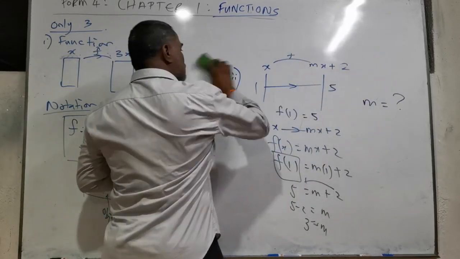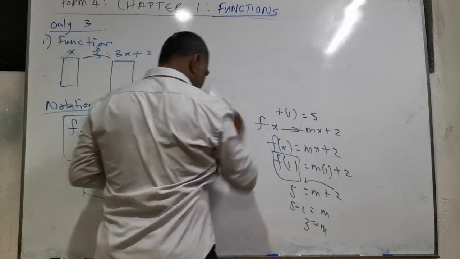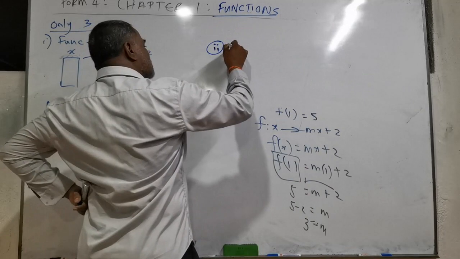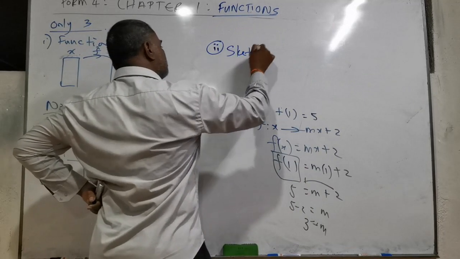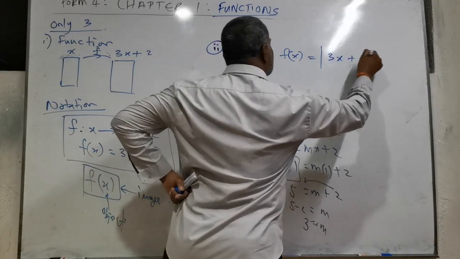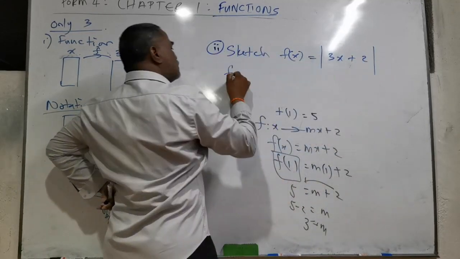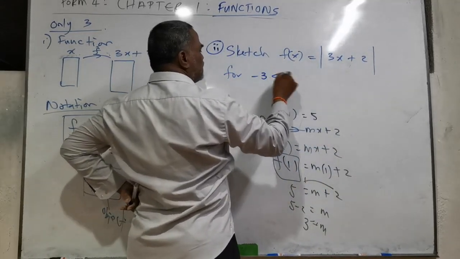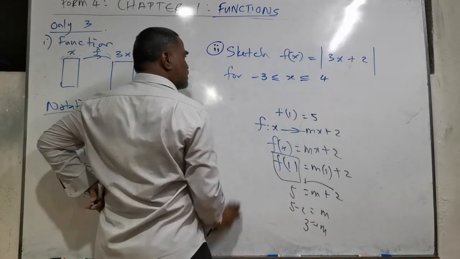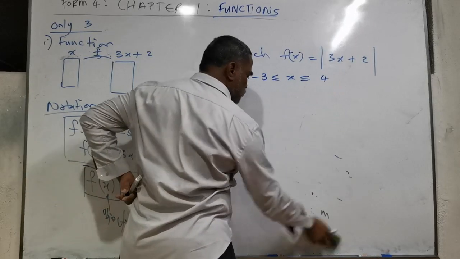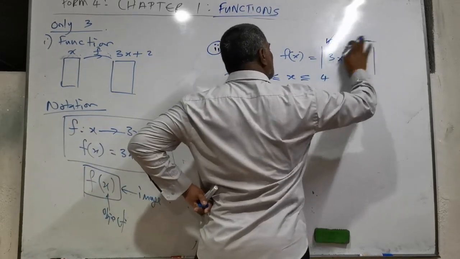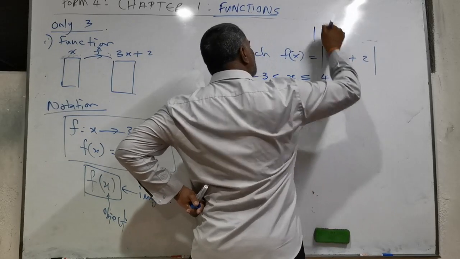Under function, they will also ask you to sketch. They will say sketch f(x) = |3x + 2| for negative 3 to 4. This symbol we call modulus. Whenever you see this symbol, it is called modulus.